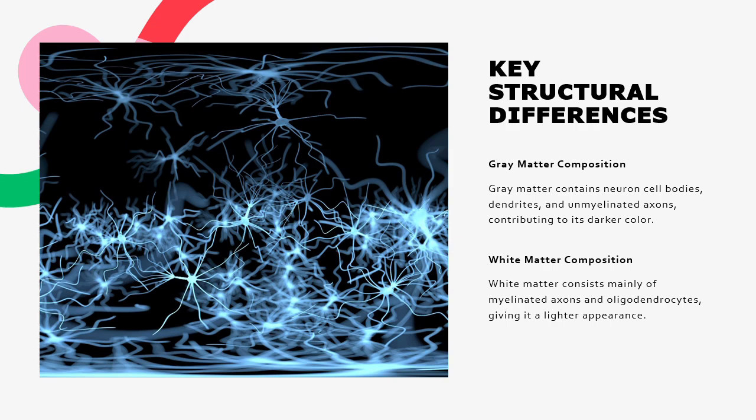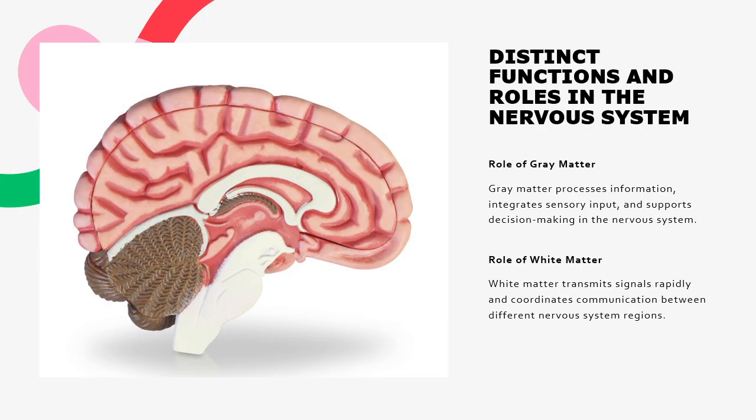White matter consists mainly of myelinated axons and supporting oligodendrocytes, resulting in its lighter appearance. Gray matter is involved in processing, integration, and decision making, while white matter is responsible for transmitting signals rapidly and coordinating communication across different parts of the nervous system.